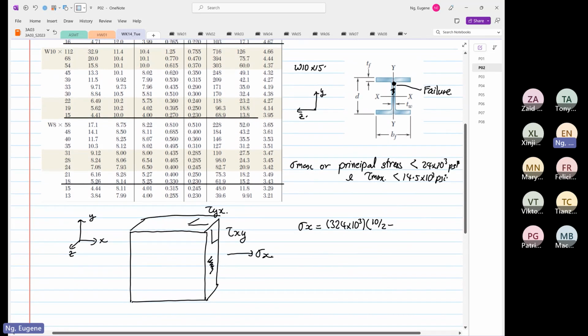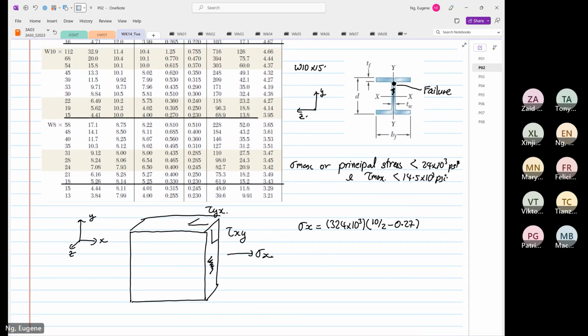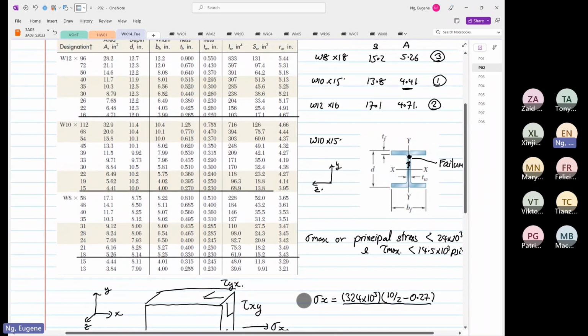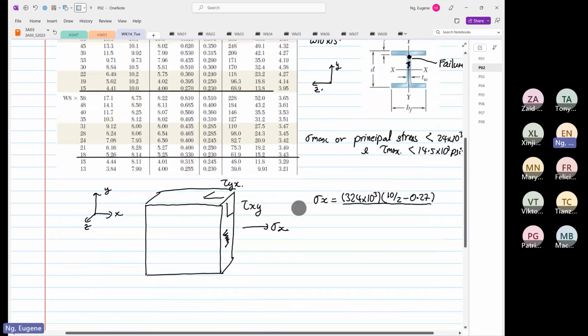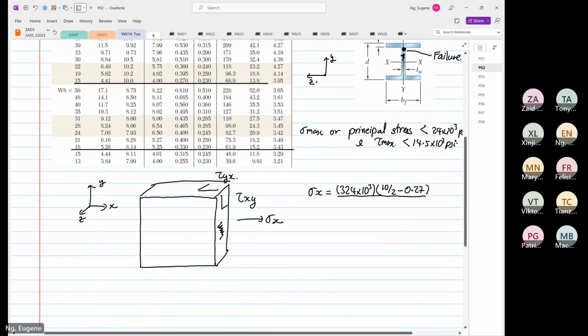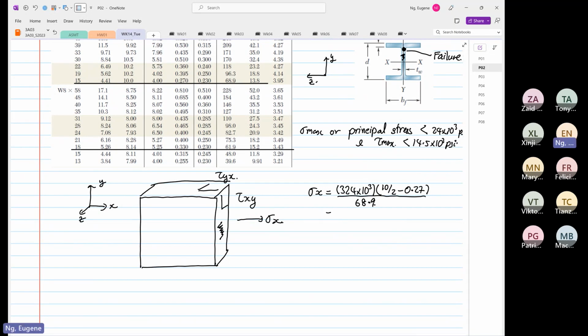And then our IX is 68.9. So what we get: 5 minus 0.27, times 324 times 10 to the power 3, divided by 68.9, is equal to 22.243 times 10 to the power 3 psi.